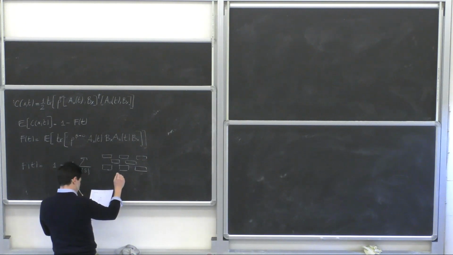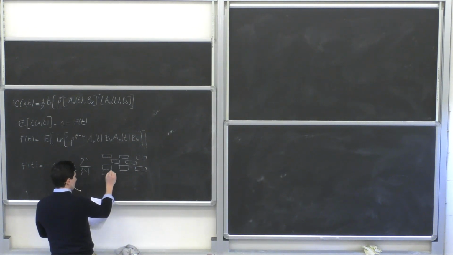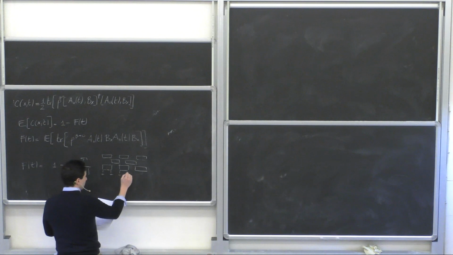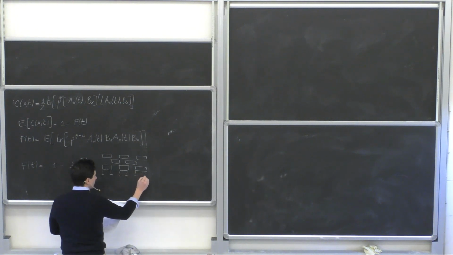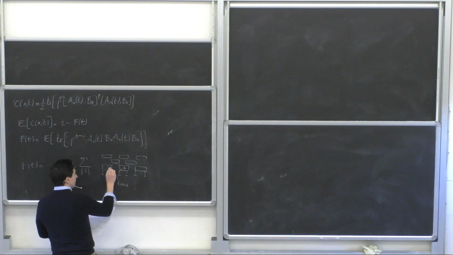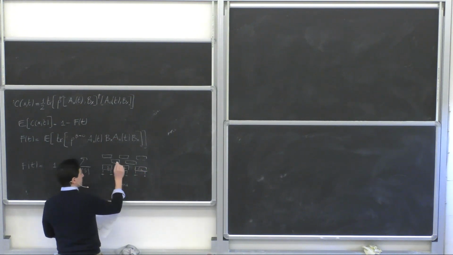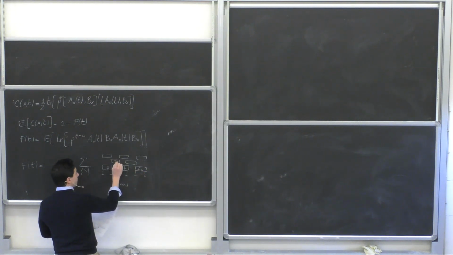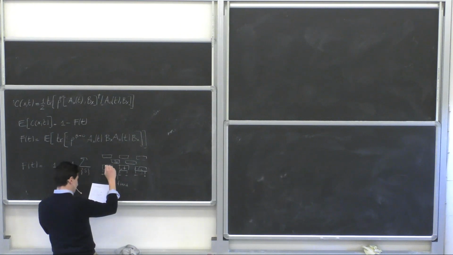Here we had all pluses. This spin was fixed to be plus, so this is fixed, whereas these are variables we're summing over, etc.